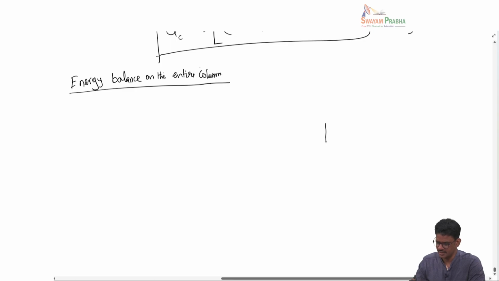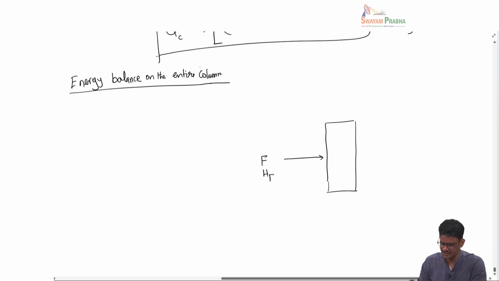So schematically, I will redraw here again. Feed is coming in with F and HF, and you have the condenser and the distillate.